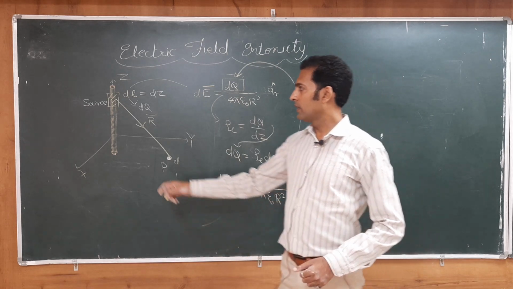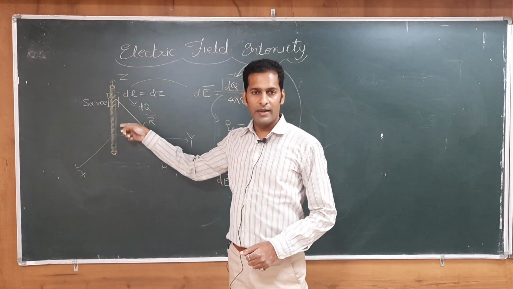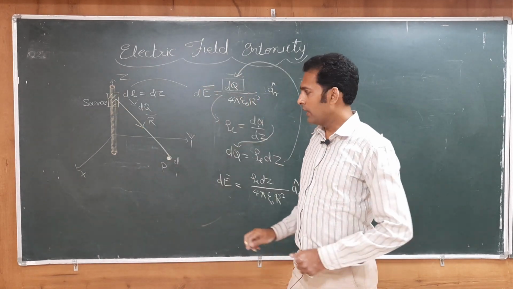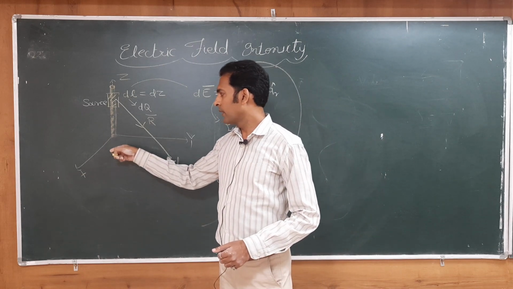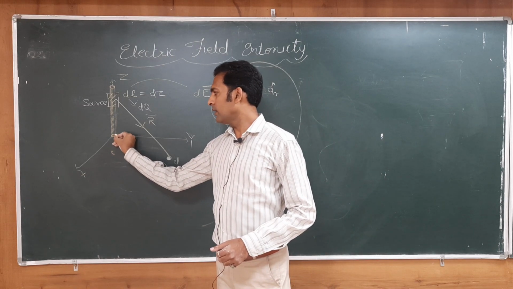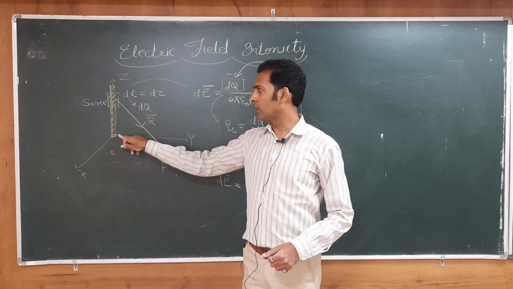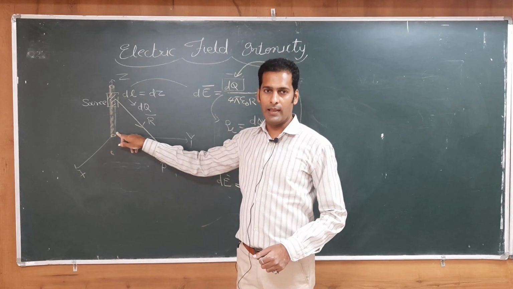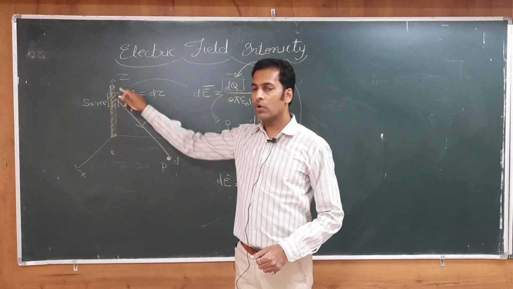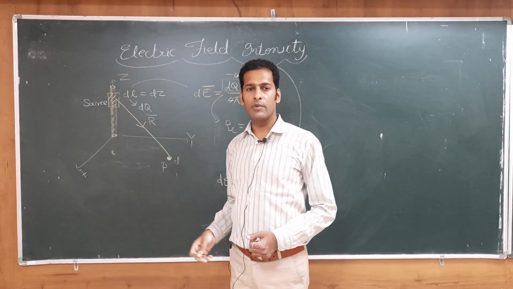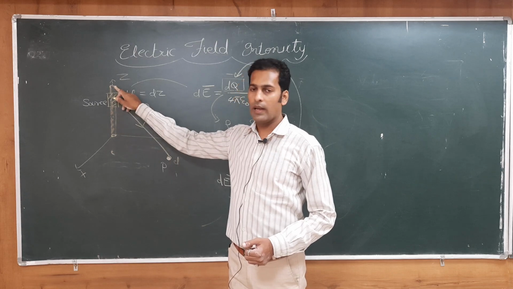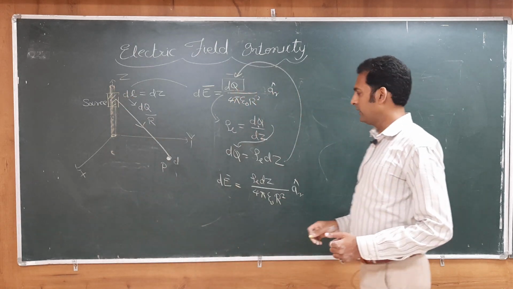What will be the limits? The limits are on the z axis. If we consider that our conductor starts at the origin where all 3 coordinates are 0 and the total length is L, the limits will be from 0 to L. There may be various limits also, like L1, L2. It depends on what length we are taking.